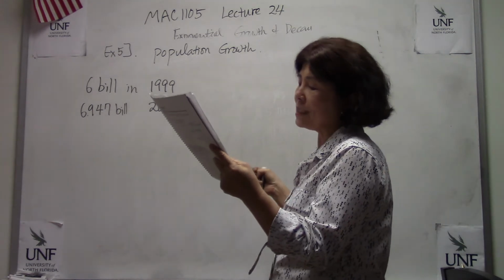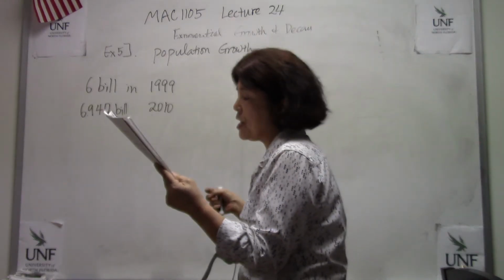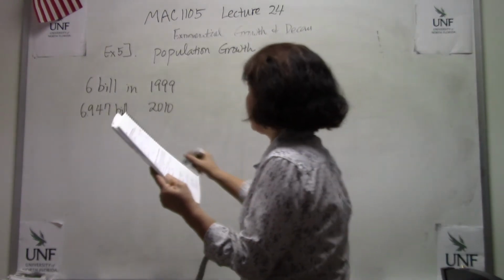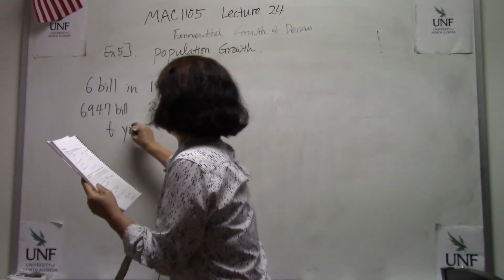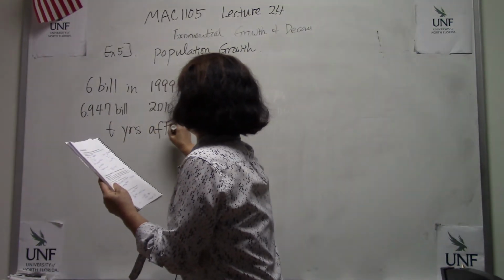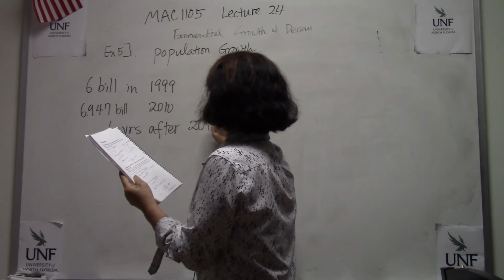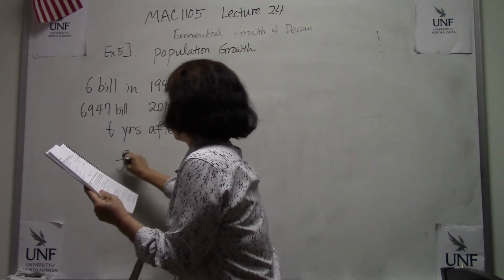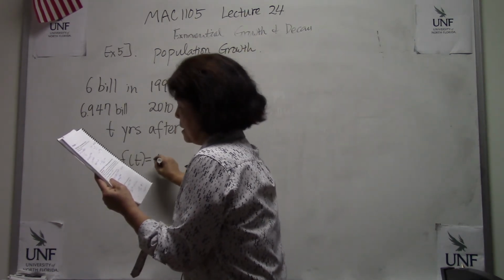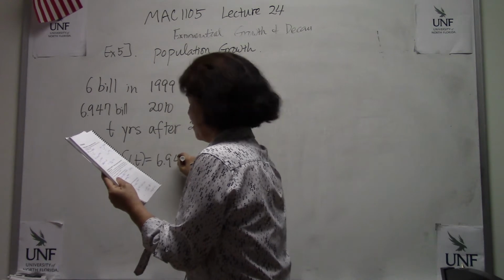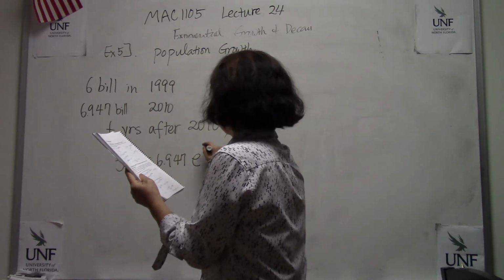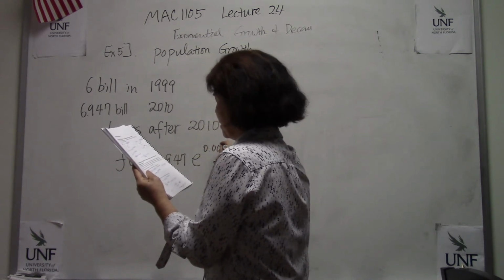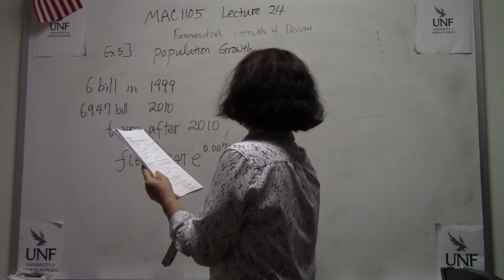And the projected world population in billions of people, t years after 2010, the model is this: f of t equals 6.947 times e to the 0.00745 t.